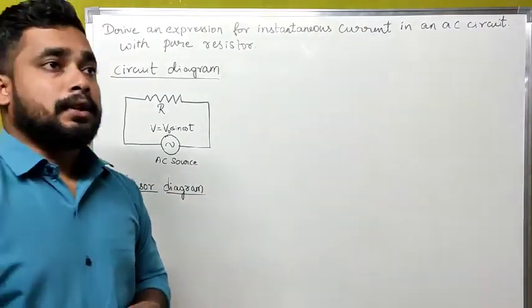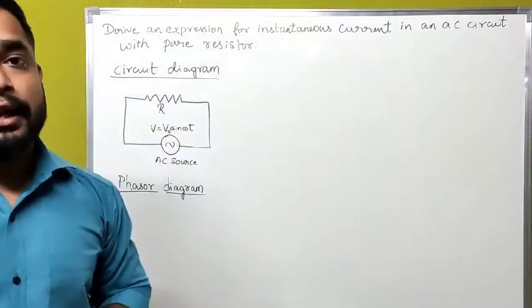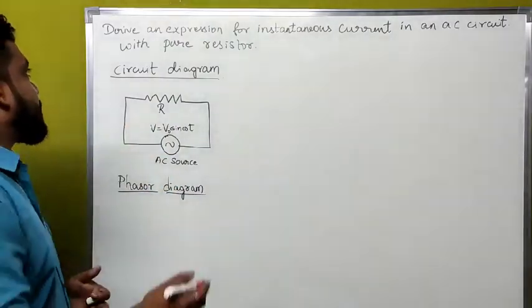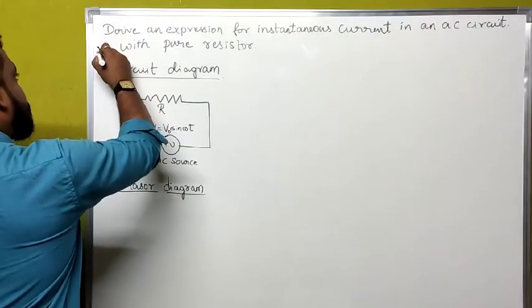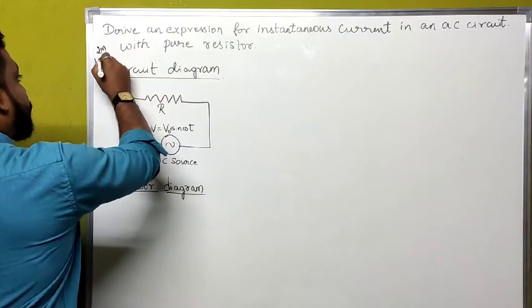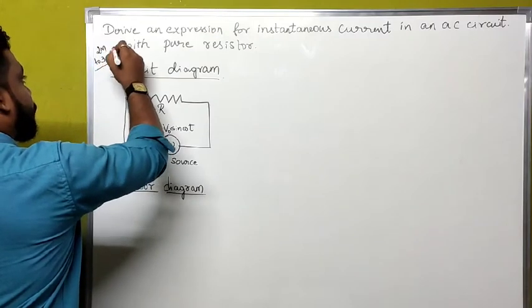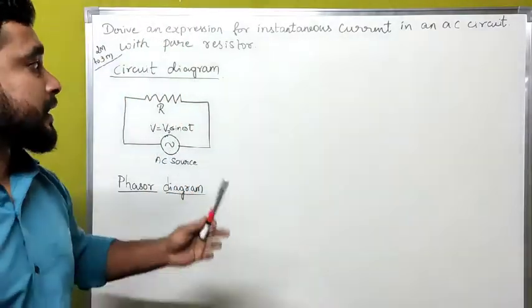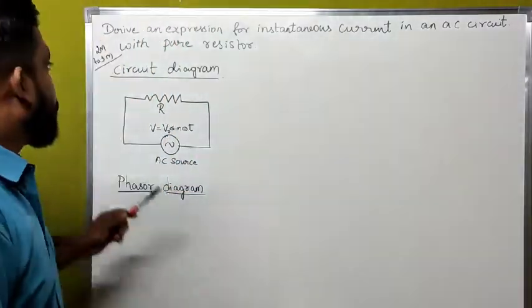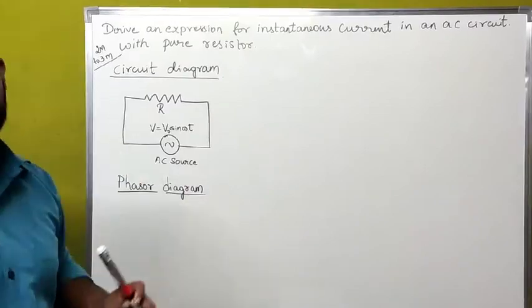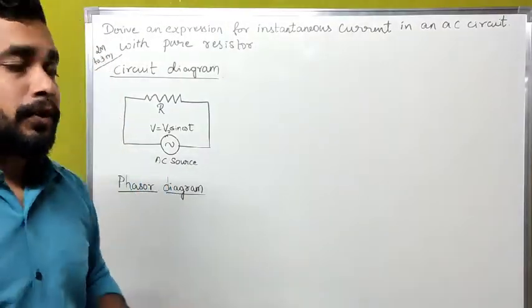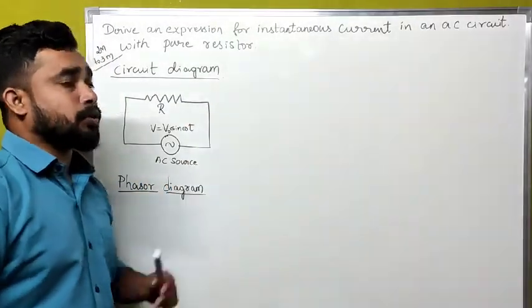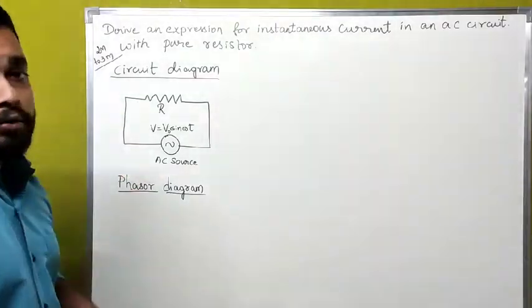In your exam, they may also ask a question like this. Maximum they are going to ask 2 to 3 marks. In your examination there is a probability of asking this derivation for 2 marks or 3 marks. We don't know for how many marks they are going to ask, but we have to do that.